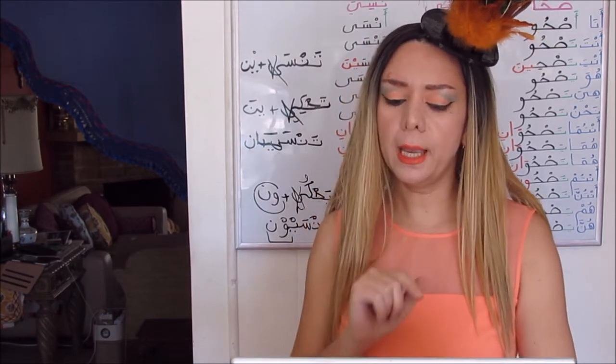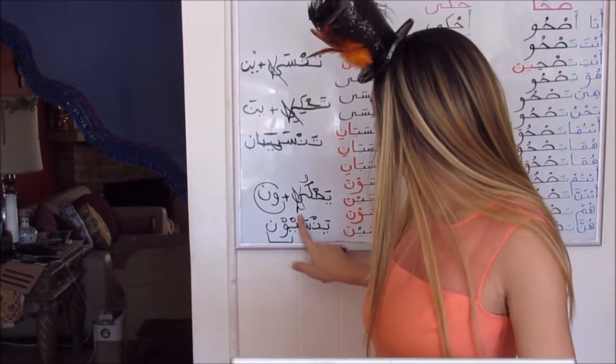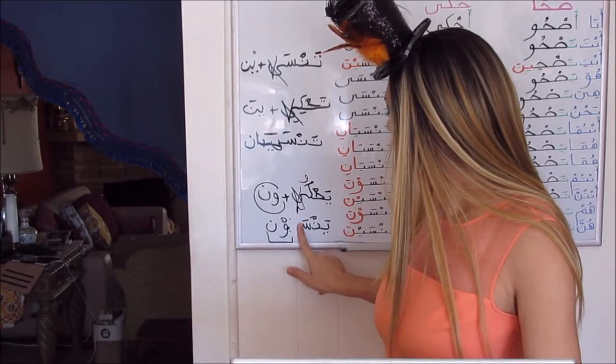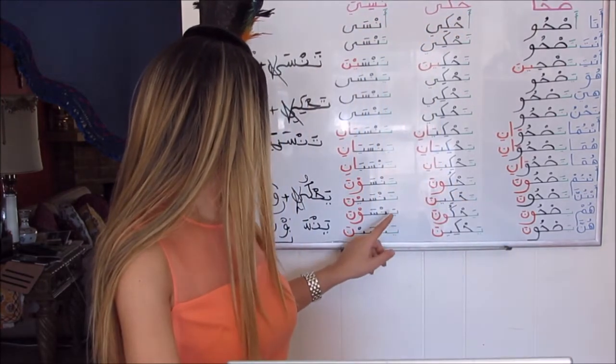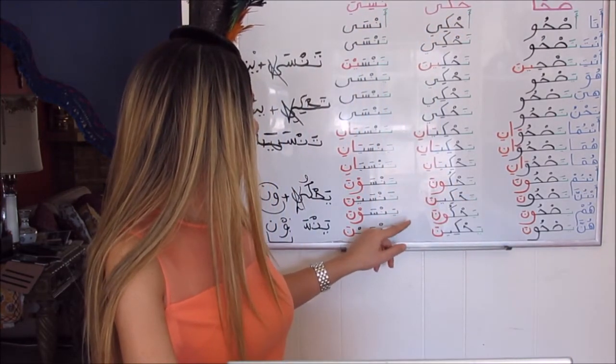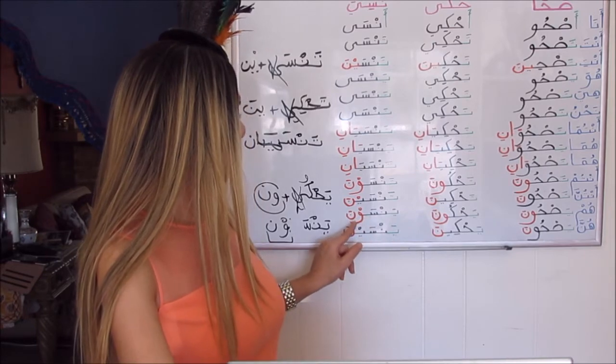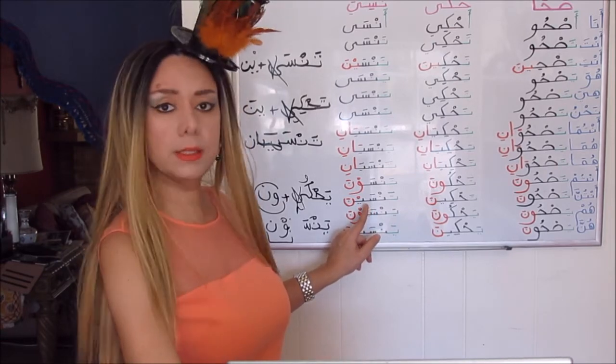Thus, the ya and the sukun are cancelled. The fatha over the middle radical remains here. Hum ينسون. So the fatha stays there.